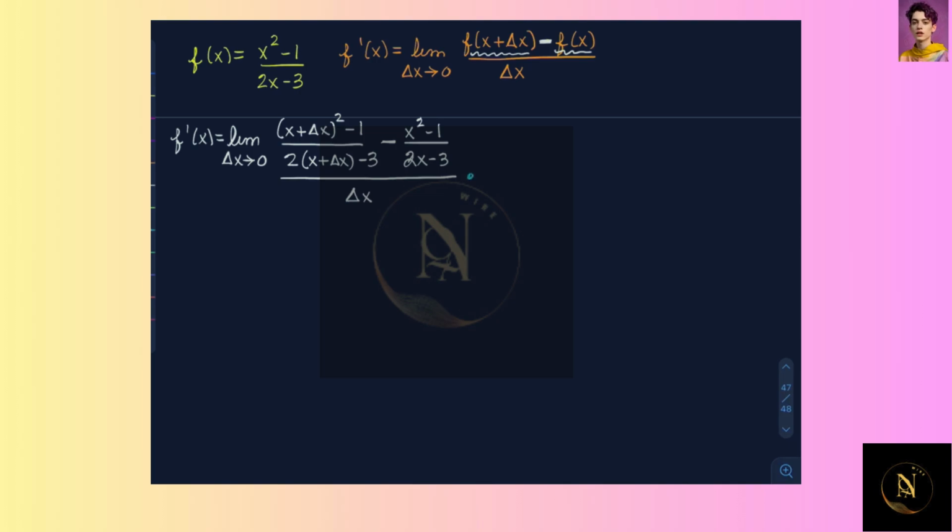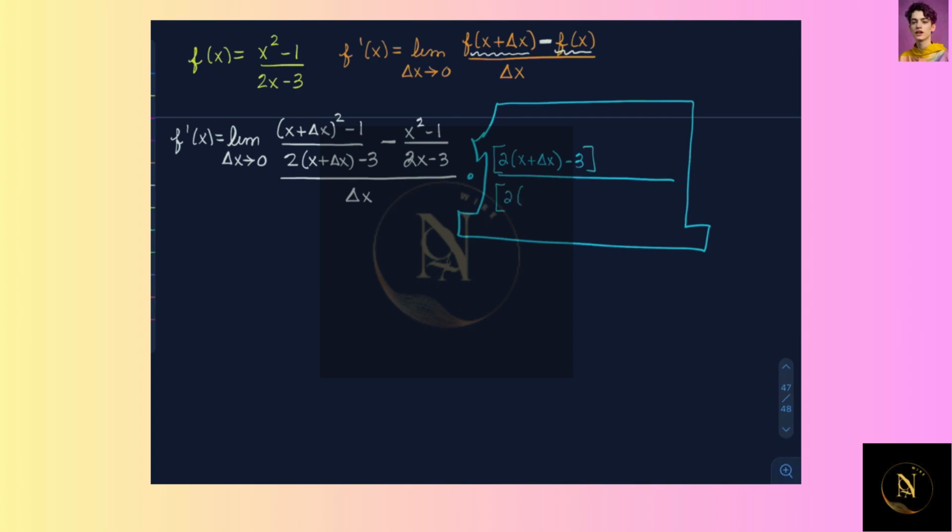So what I'm going to do is multiply by a big, giant form of 1. And that 1 is going to look like both denominators. So we're going to have 2 times the quantity x plus delta x minus 3 and we're going to have 2x minus 3.